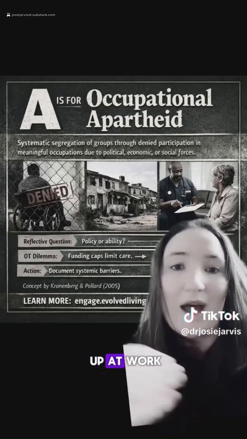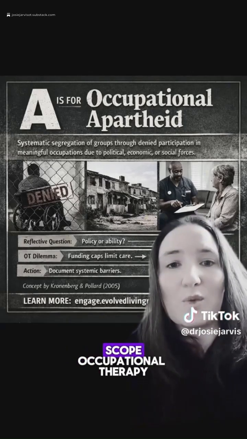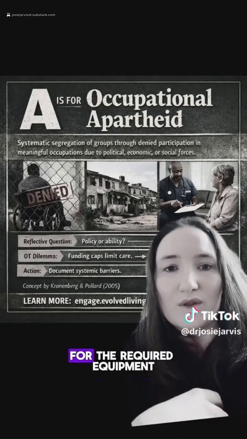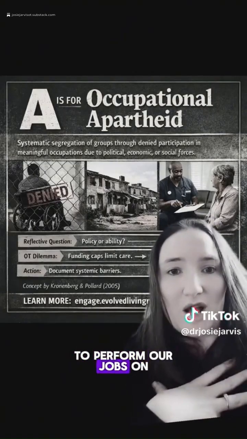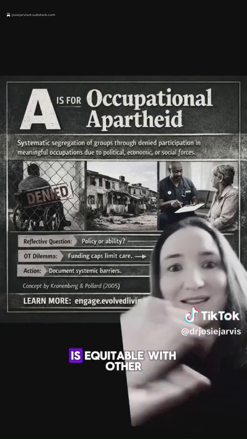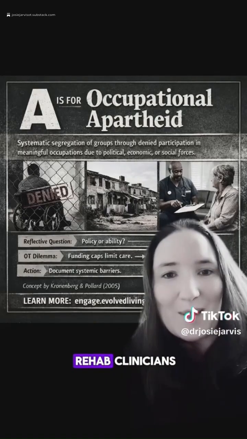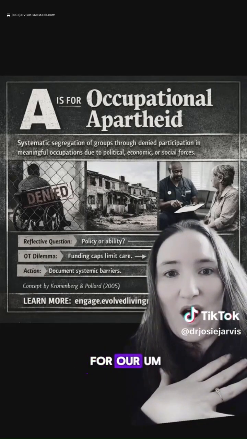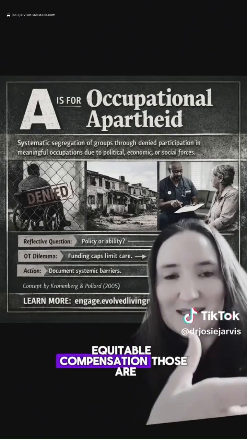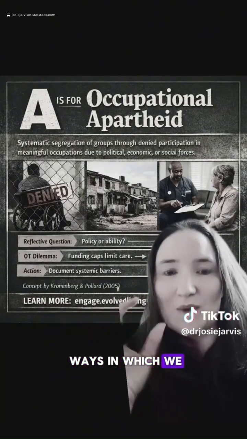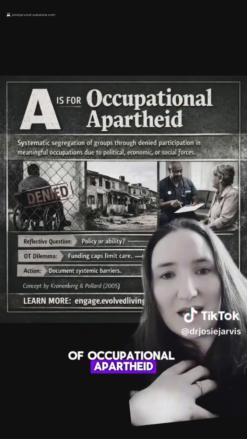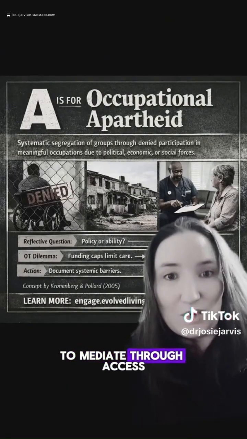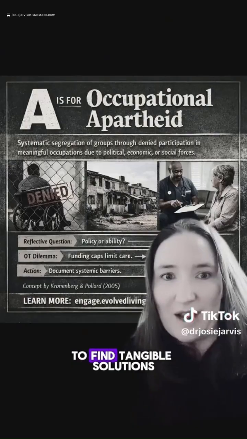So when we show up at work to advocate for full scope occupational therapy, for the required equipment to perform our jobs in a way that is equitable with other rehab clinicians, and even just advocating for our own equitable compensation, those are ways in which we could use the lens of occupational apartheid to mediate through access barriers to policies to find tangible solutions.